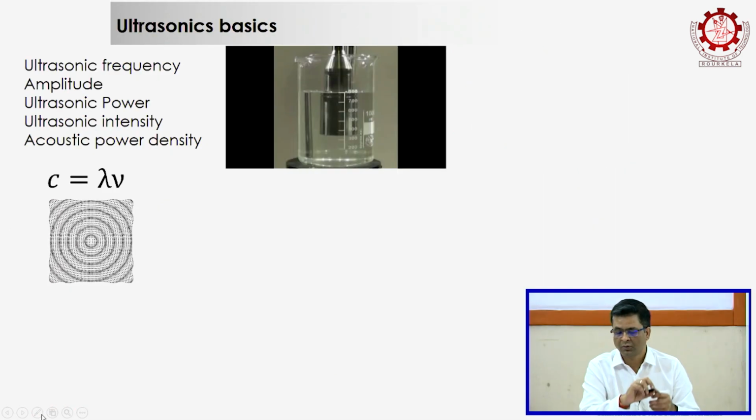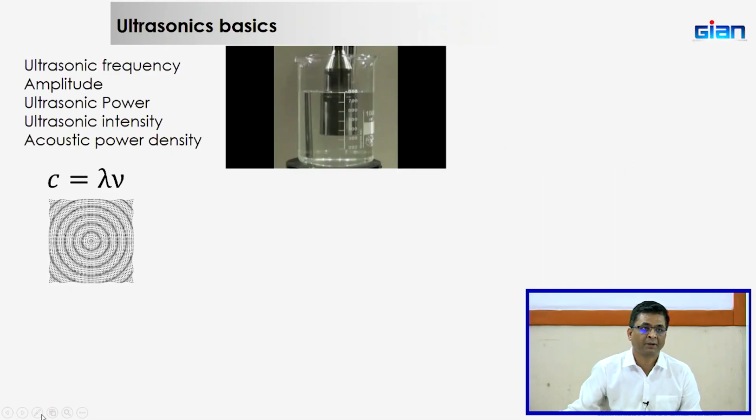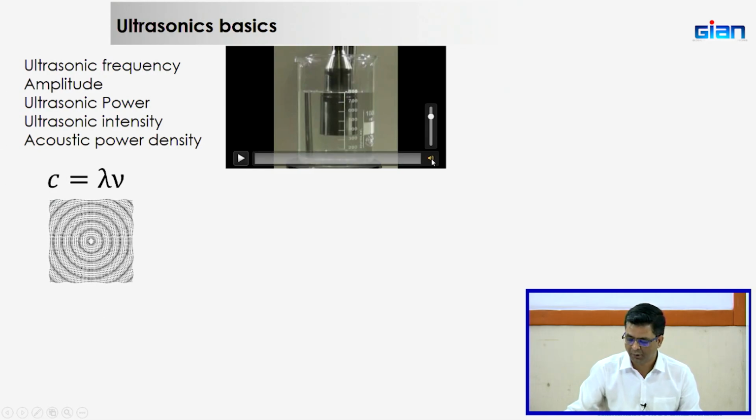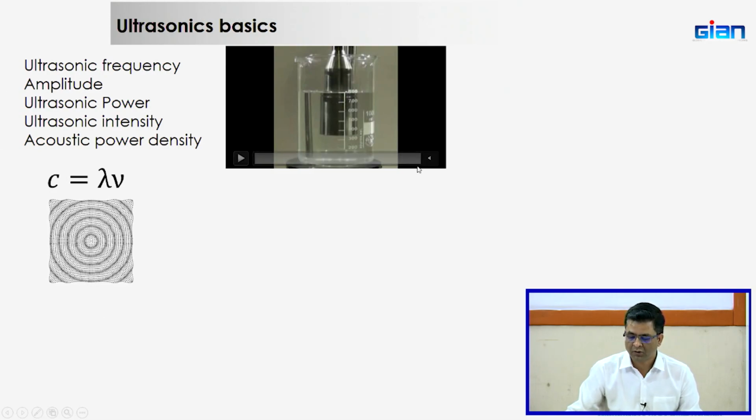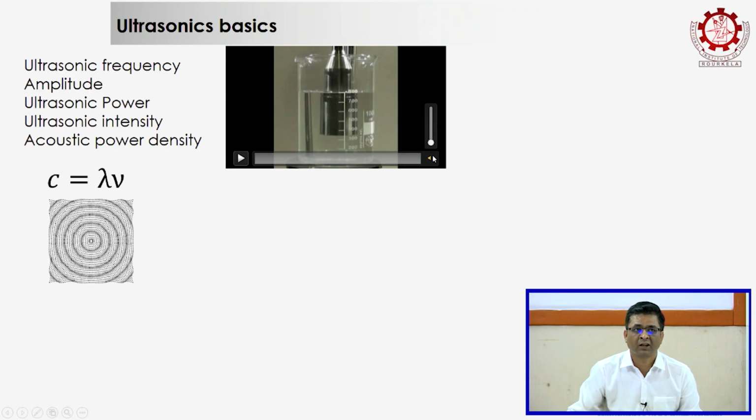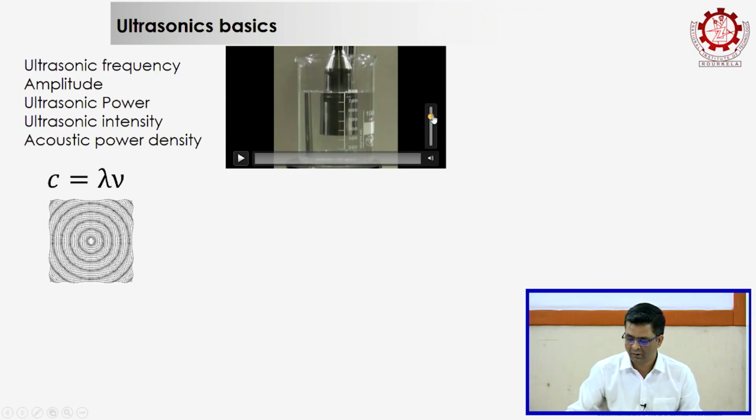Now when it comes to ultrasonics, what are the key parameters related to that? This is very important to understand. How many have seen ultrasound working and the noise of ultrasound? First and foremost important one is ultrasonic frequency. Sound operates based on frequency. What I am talking is also based on frequency.